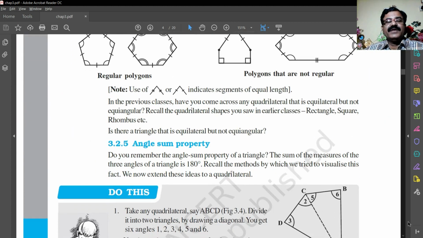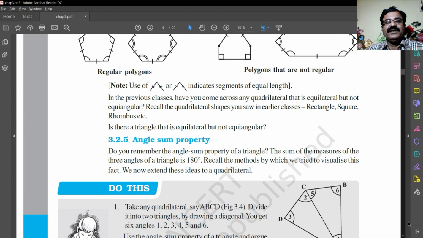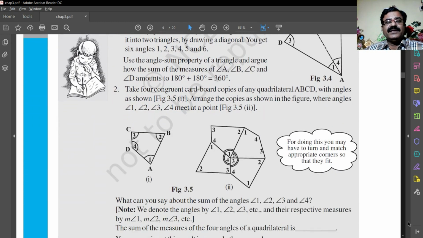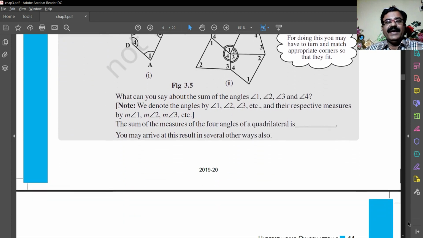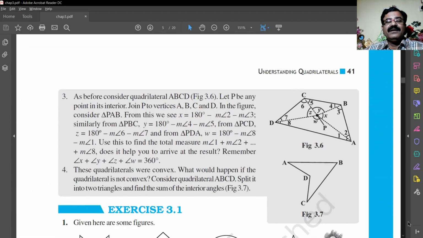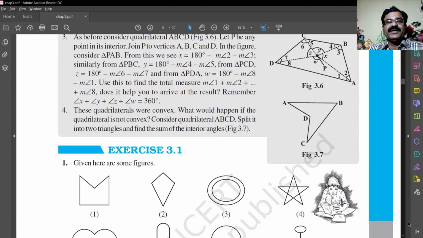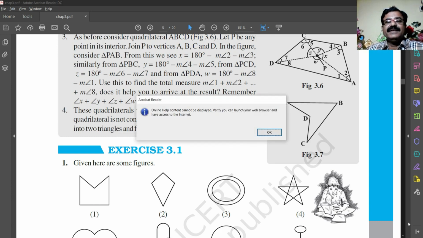Now students, for the angle sum property, we already know the sum of all angles of a triangle is 180 degrees. For polygons, there are two types of angles: exterior angles and interior angles. The sum of all exterior angles is 360 degrees, while for the interior angles it is (2n minus 4) into 90 degrees.